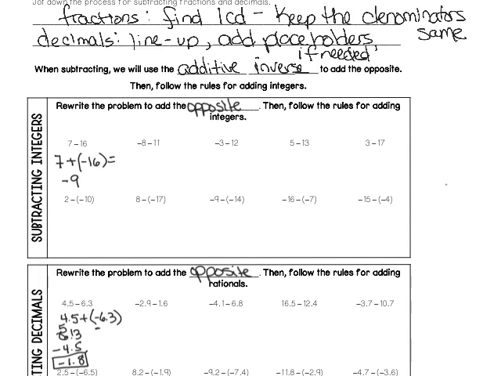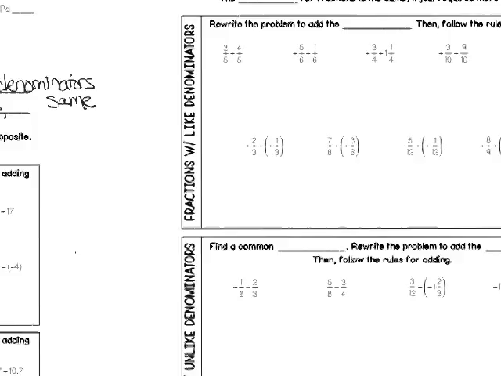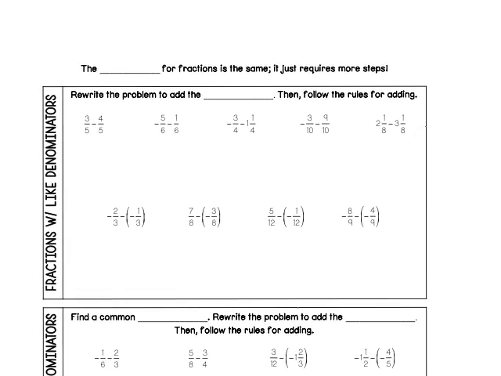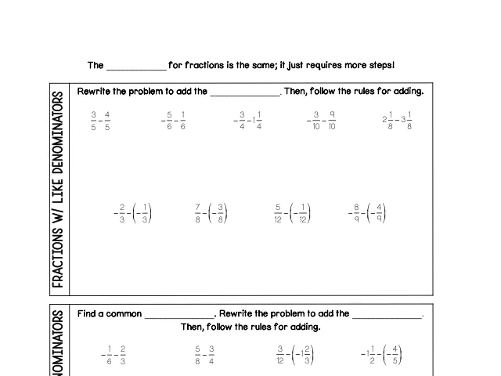Okay, now we're going to move over to page 2, or the back of your handout. The process for fractions is the same. Rewrite the problem to add the opposite. Then follow the rules for adding. So now we have the same denominators.